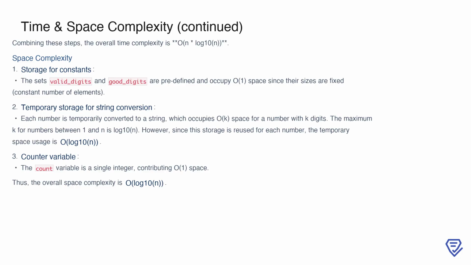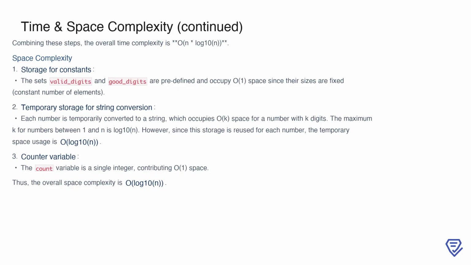Now, let's analyze the space complexity. First, we consider the storage used for constants. The sets valid_digits and good_digits are predefined with a fixed number of elements, so they occupy O(1) space. Next, we account for the temporary storage used during string conversion. Each number is converted to a string representation, which temporarily requires k space for a number with k digits.